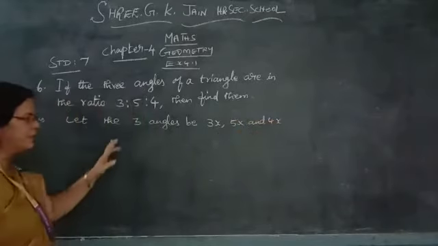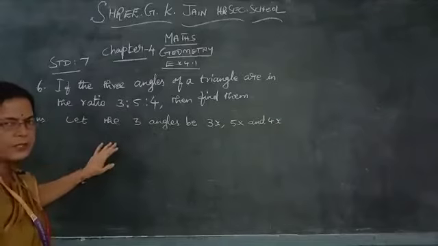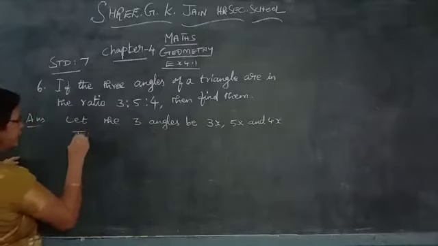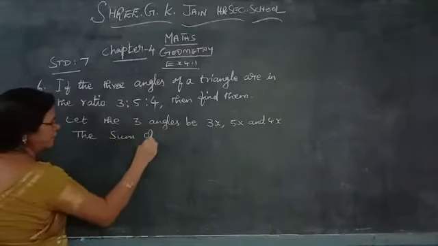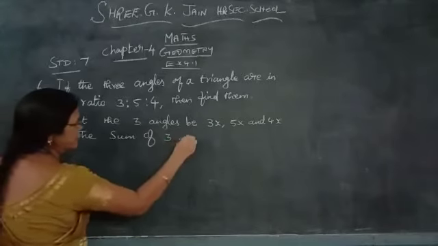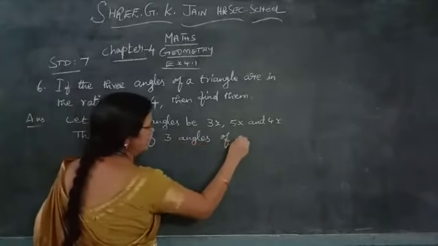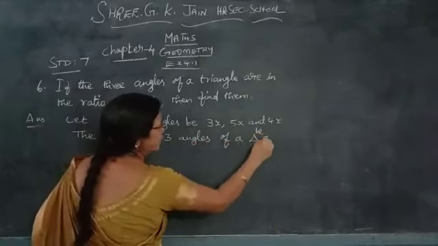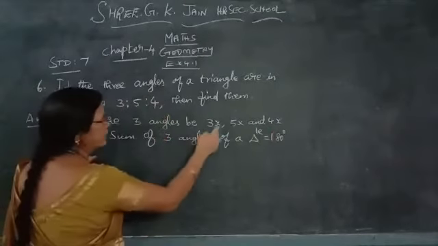Okay, we are taking the angles as 3x, 5x and 4x. Now by the angle sum property. What is the angle sum property? The sum of the three angles of a triangle equals how much? 180 degrees, isn't it?